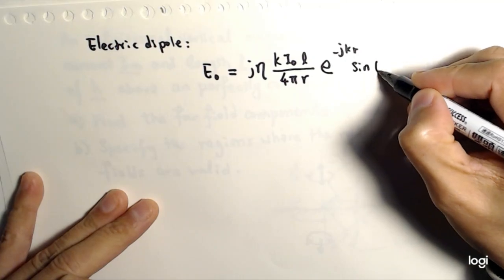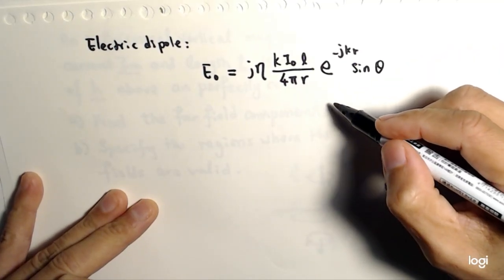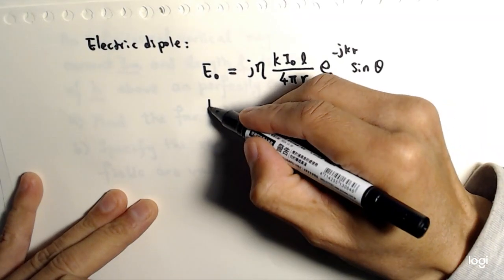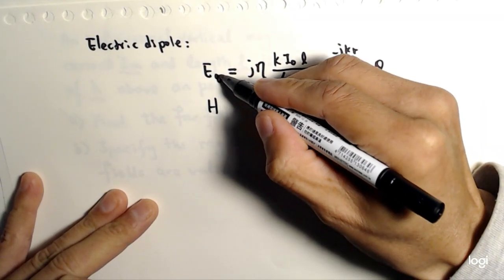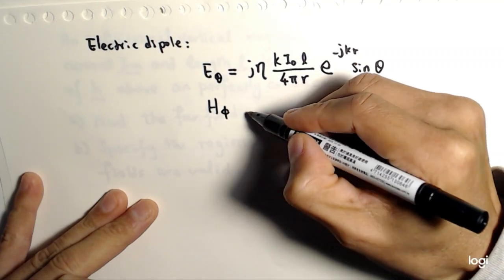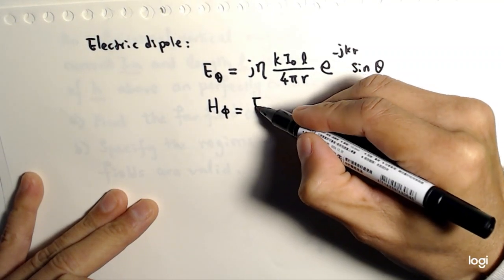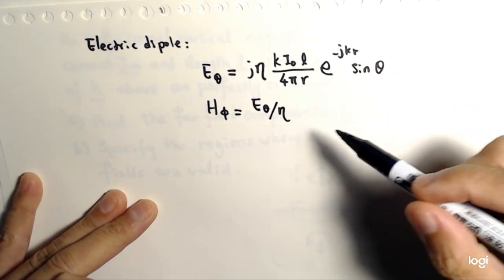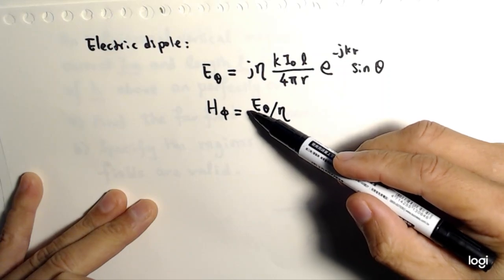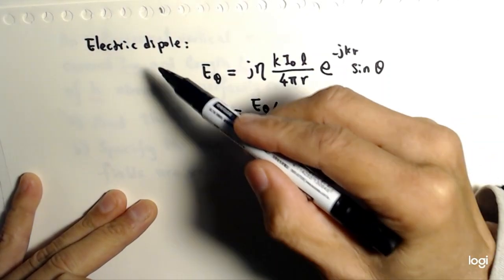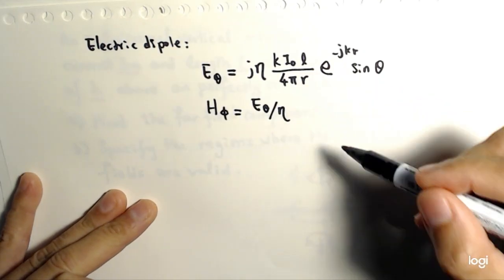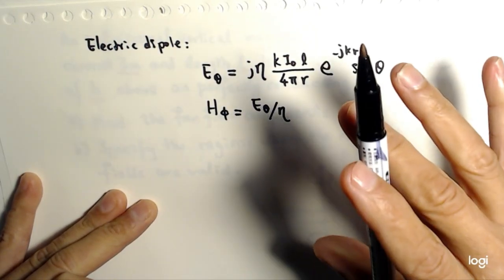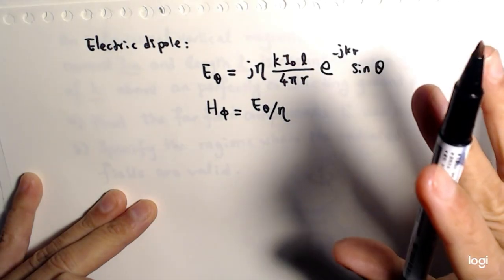So this is the formula for the electric dipole. The electric field is pointing in the azimuth direction. So this is the electric dipole, but we are now actually dealing with a magnetic dipole.